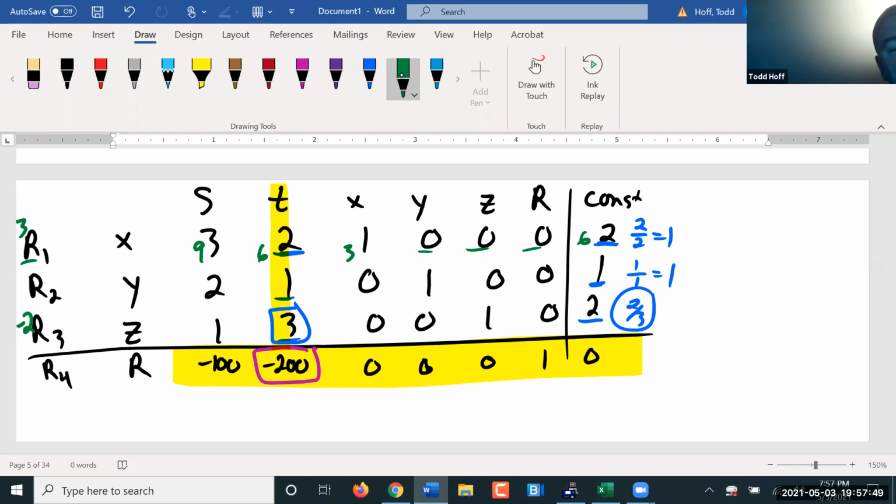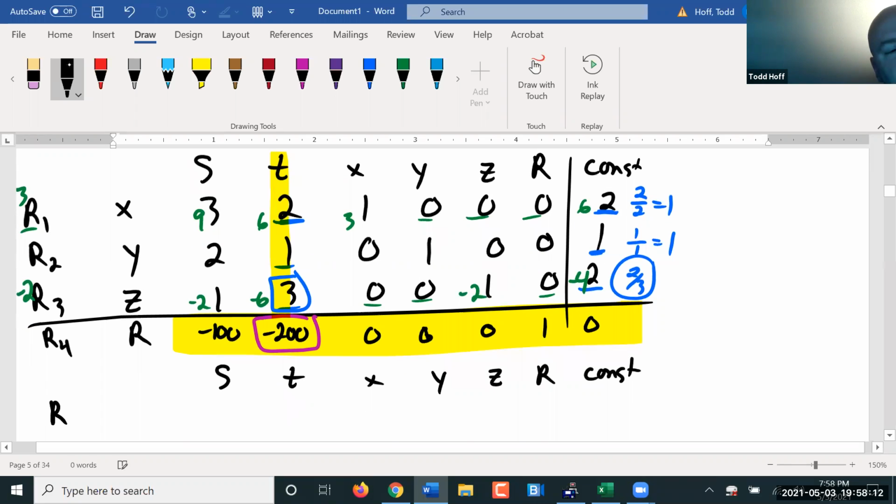Row 3 is times -2. So 1 times -2 is -2. 3 times -2 is -6. The zeros stay. 1 times -2 is -2. The zero stays. 2 times -2 is -4. So let's combine those. So I've got S, T, X, Y, Z, R, and constant.